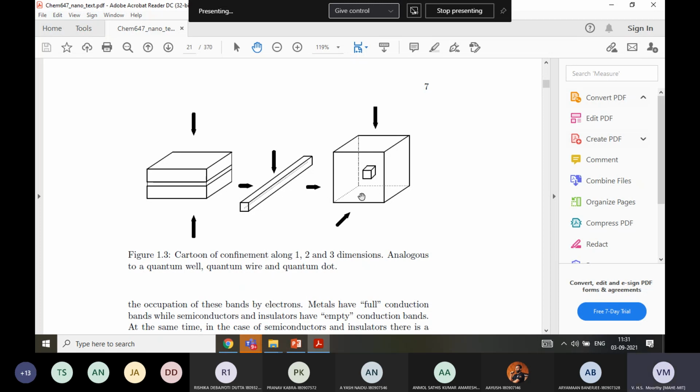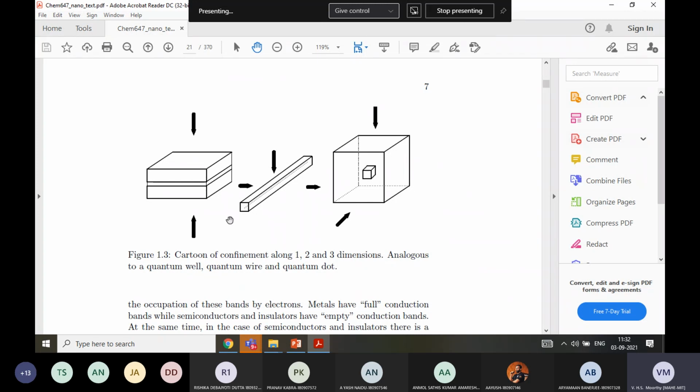Other than that, it cannot move. So the electron has no continuous energy levels in any direction, but it can take quantized energy states in all of the x, y, z directions. That is why it is called a quantum dot. Electrons can move only in a certain volume of the quantum dot, and in all three dimensions the electron energy levels are quantized.